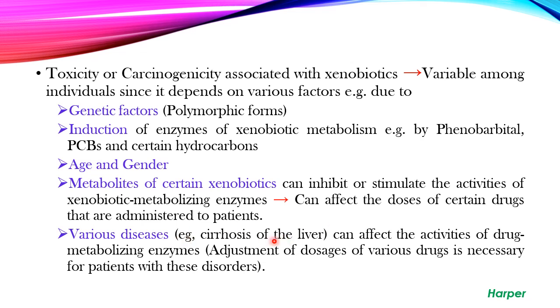Similarly, diseases of the liver, for example cirrhosis of the liver, matter, and as we know, the liver is the main site for the metabolism of xenobiotics. So if there is cirrhosis of the liver or any other disease in which the liver is non-functional, then it can also affect the activities of drug metabolizing enzymes. And in these patients, we have to adjust the dose of the drug.